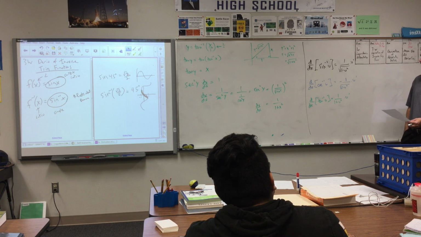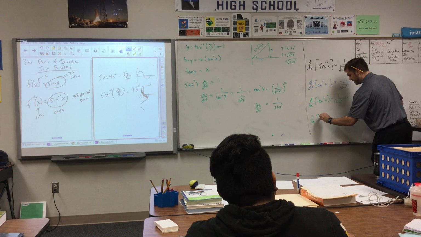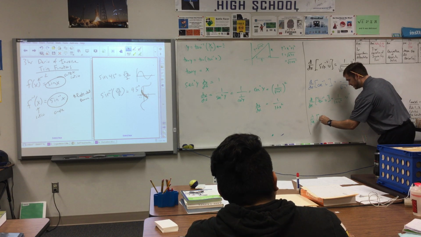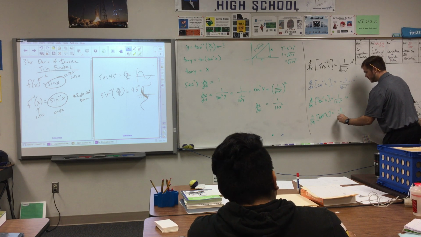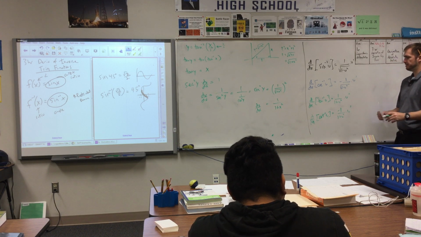Now you might wonder, is the derivative of inverse cotangent negative that? And the answer is yes. I'm not going to make you do that. Negative 1 over 1 plus u squared times u prime.